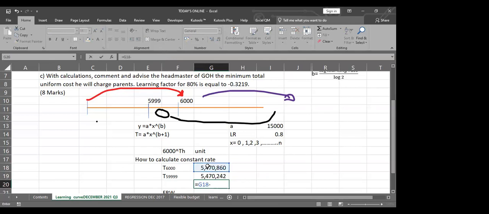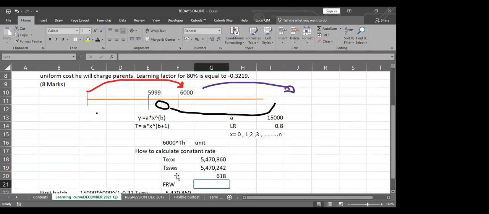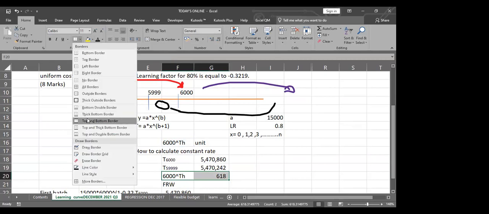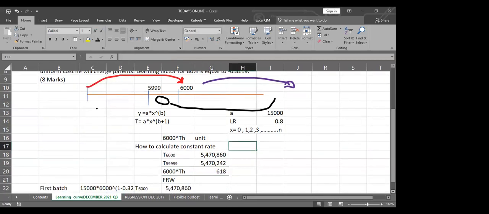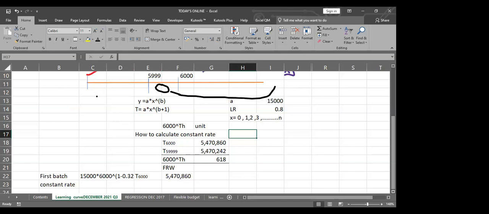So this minus that, this is the constant rate that was used to produce the 6,000th unit, in francs.